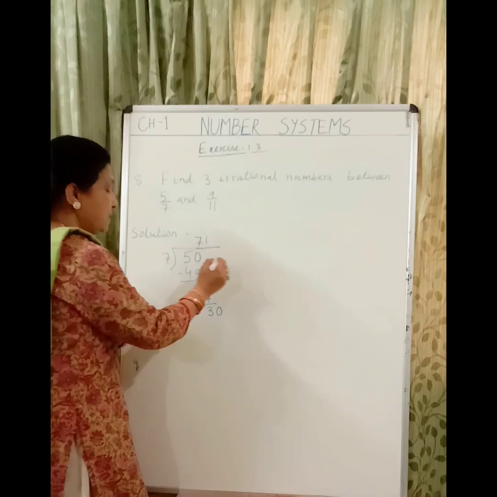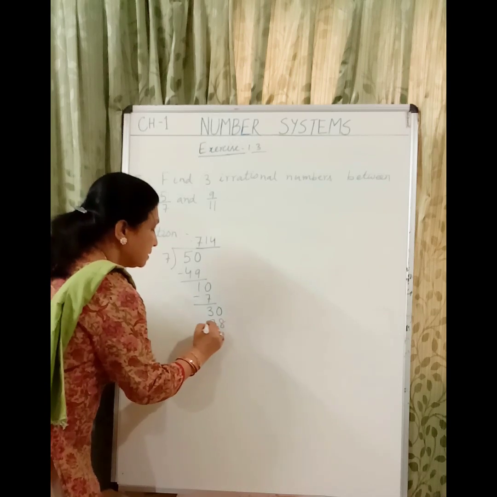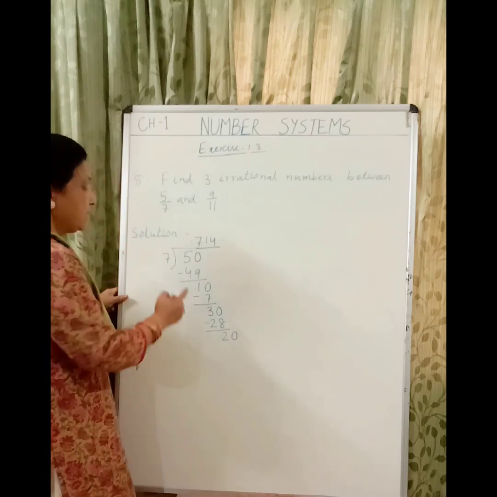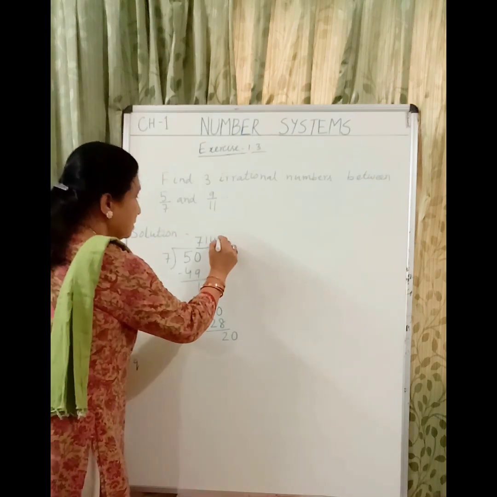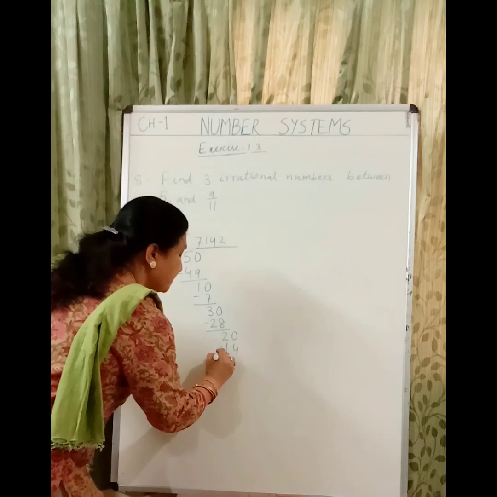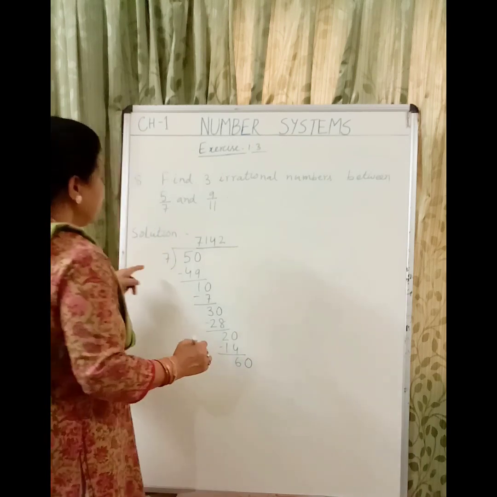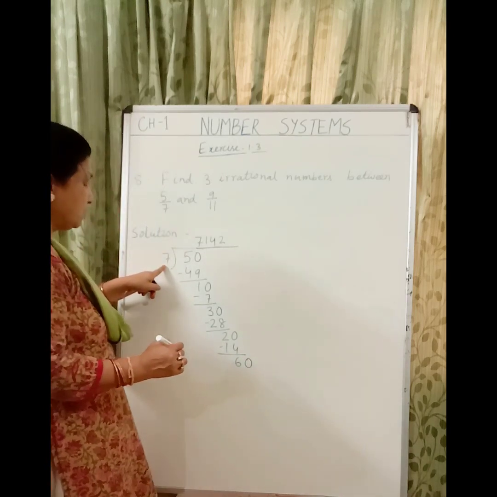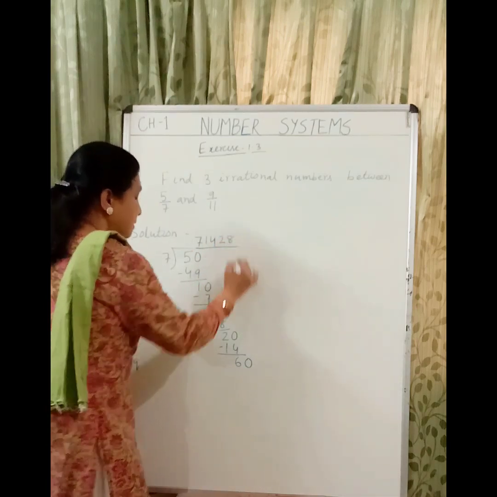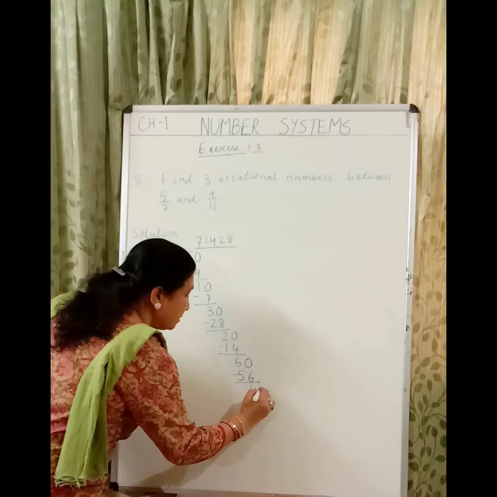7 fours are 28. Remainder here is 2, which becomes 20. Now 7 twos are 14, remainder 6. It becomes 60. 7 eights are 56. 4 is the remainder, 40.